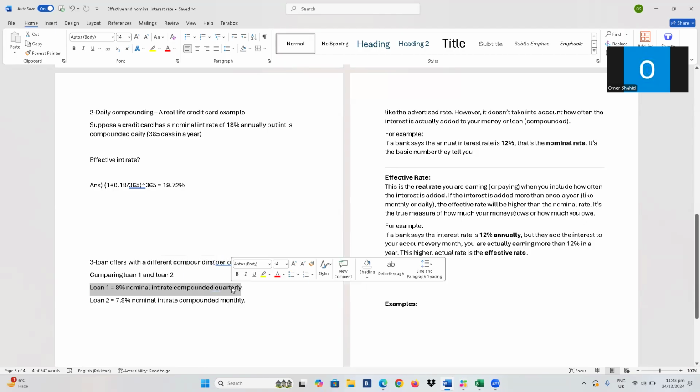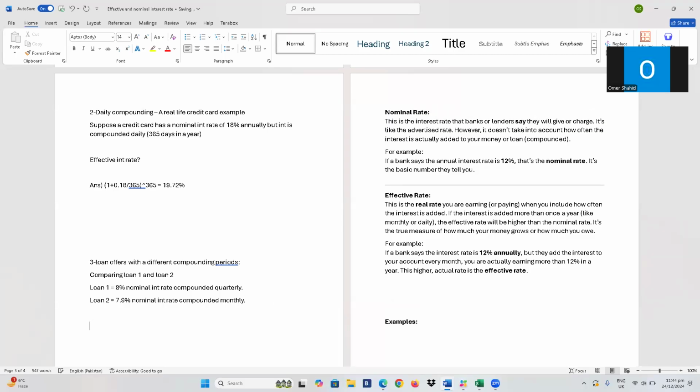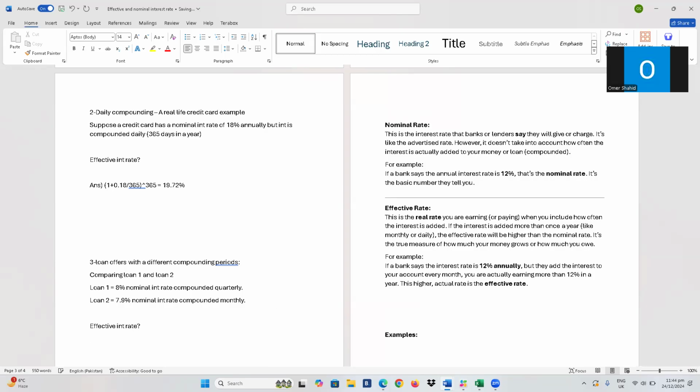For loan one, an 8% nominal interest rate is given, compounded quarterly. For loan two, a 7.9% nominal rate is given, compounded monthly. So how do we solve this? Pause the video, try this yourself and work out the effective interest rate. That's what we need to calculate.